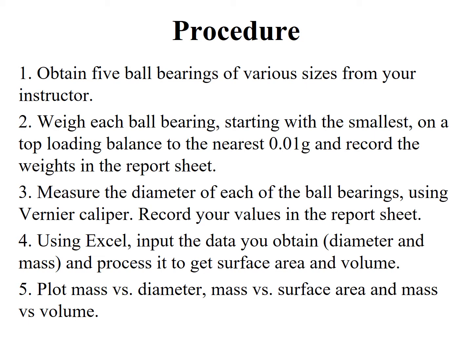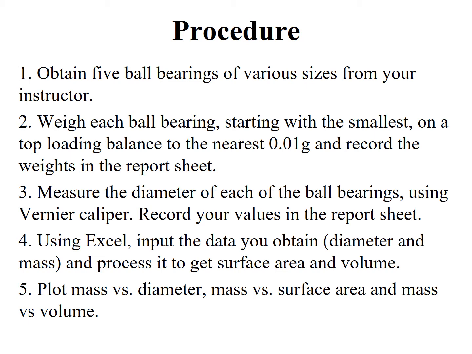So if you look at it, what is surface area equal to? In your Excel, you have the column with your diameter, and then you will convert it to surface area. How are you going to do that?